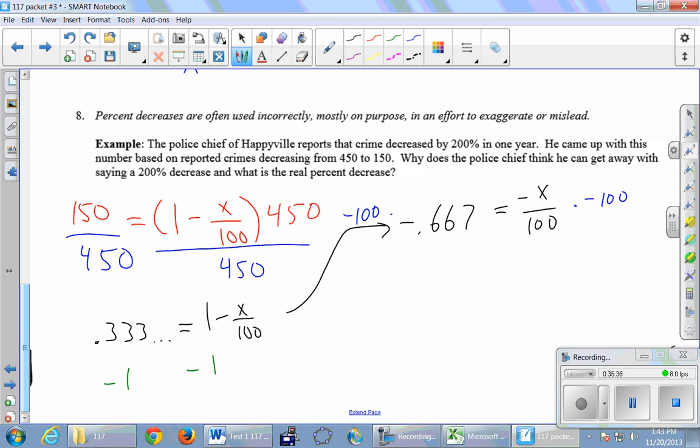I think multiplying by negative 100 is the easy way to get rid of that negative sign.